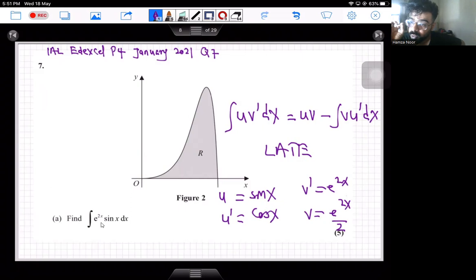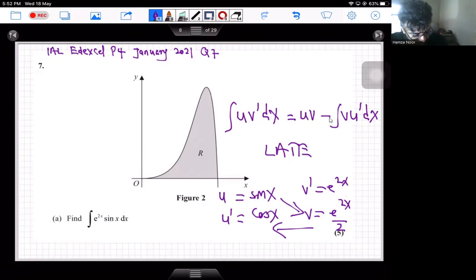So the integrand which is supposed to be integrated is given to you in the form of u times v dash with respect to x. When we integrate it, we get uv minus integration of vu dash. In order to remember this sequence, if you write u dash underneath u and you write v underneath v dash, you can remember this sequence: uv minus integration of vu dash.